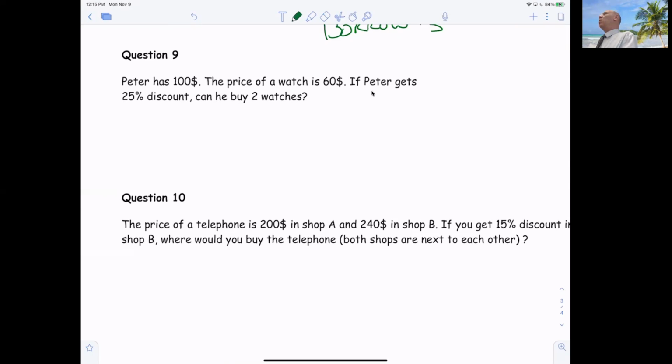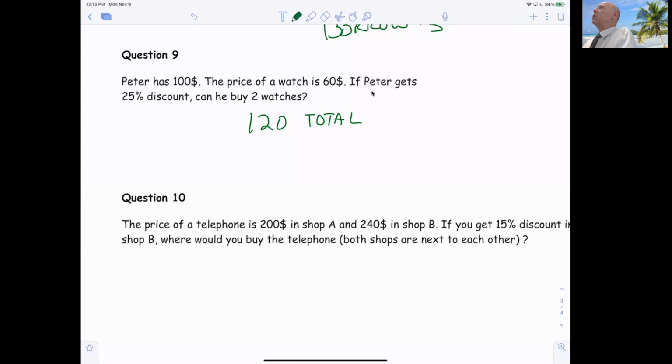Yes, you're going to buy 2 watches. It's $120. So put $120 down. That's normal what you have to pay. So how much do you have to pay for it? What percentage? $75.